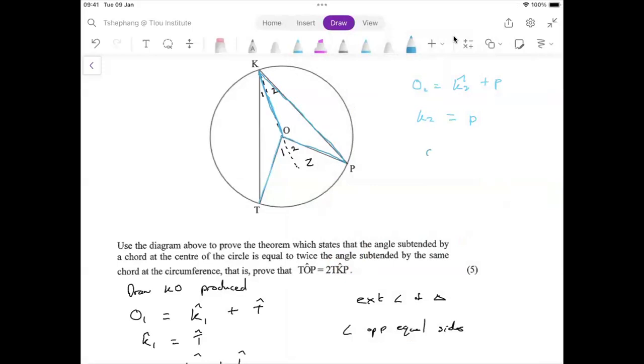Now this simply means that O2 is actually what? Is actually 2 times K. Right, but K what? K2.